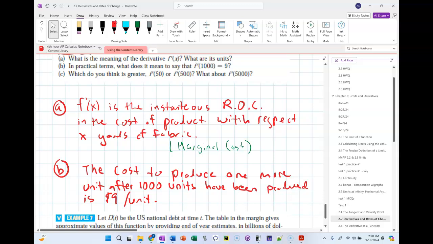So basically the 1,001st unit is going to cost $9, right? Econers, does that sound about right? And I guess the unit here is yards, right? Let's change that.